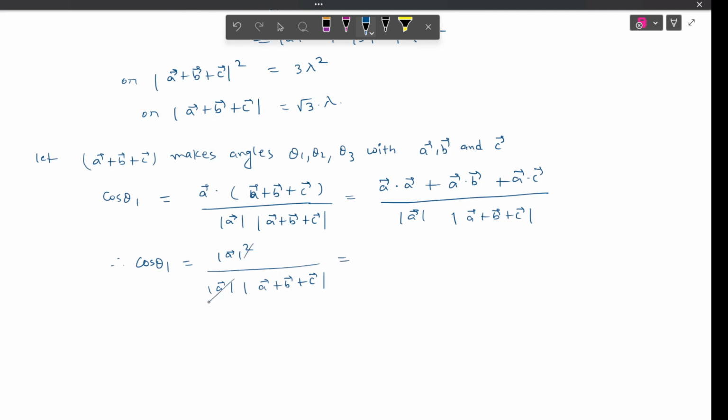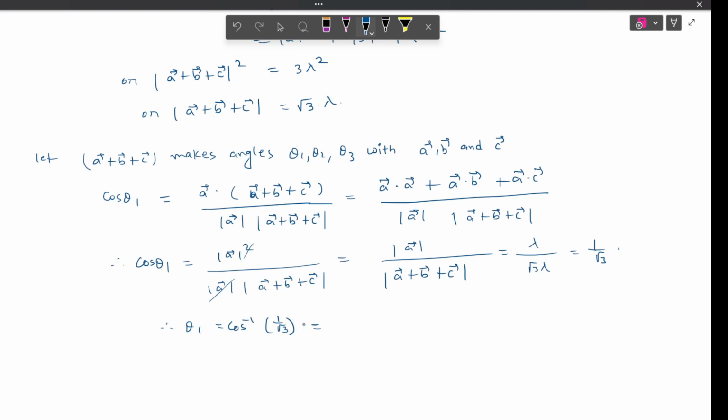So one modulus of a is cancelled. So it would be modulus of a by modulus of a vector plus b vector plus c vector. So modulus of a is lambda, modulus of a plus b plus c is root 3 lambda. So it would be 1 by root 3. Okay. So theta 1 would be cos inverse of 1 by root 3.